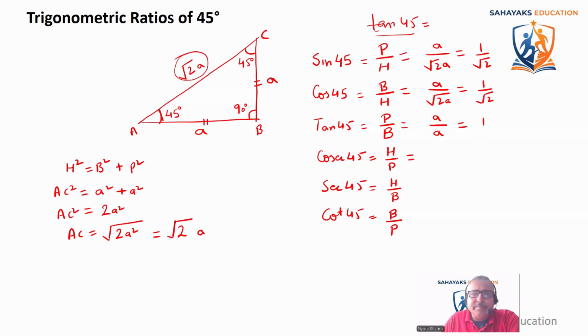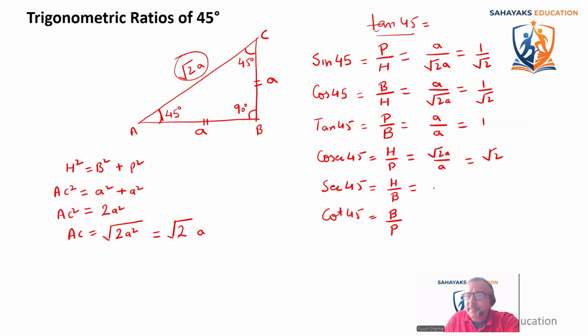Then comes cosec. Cosec is the opposite of sine, so I can say it is root 2. I can directly find it out. But if you want to find it out with the ratio itself, it is H by P. Hypotenuse is root 2A divided by A, and it comes out to be root 2.